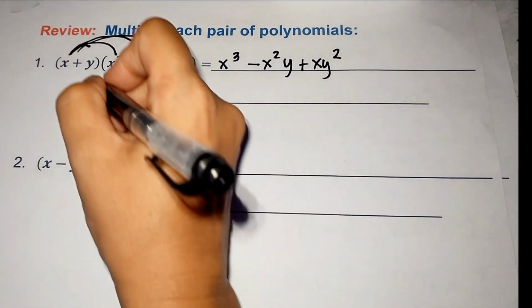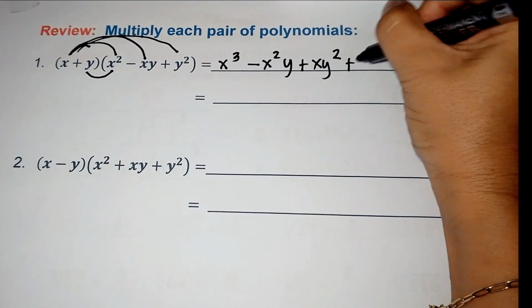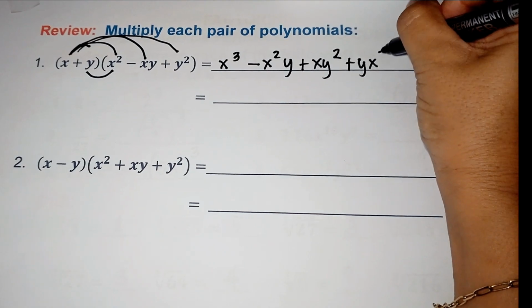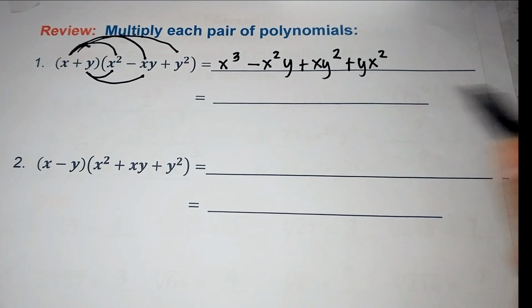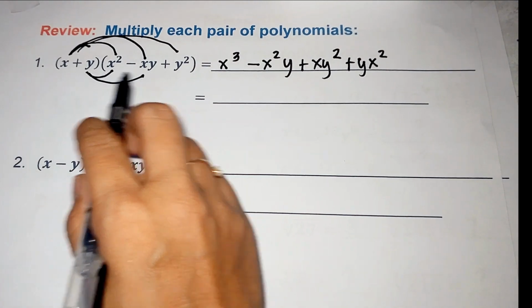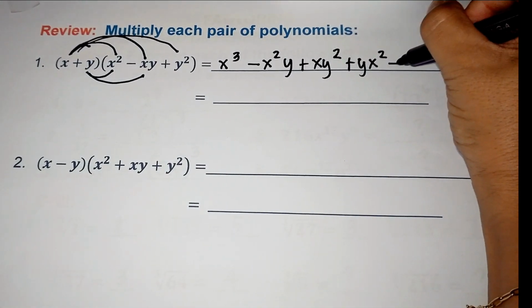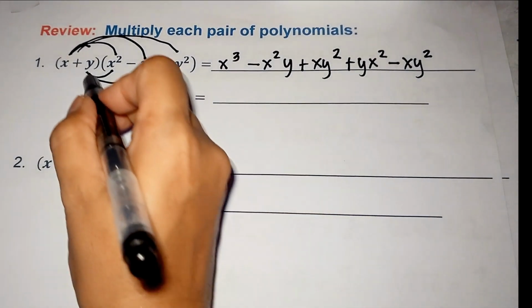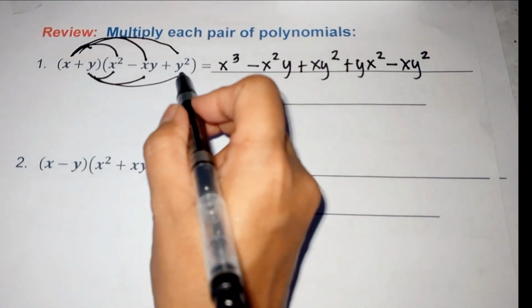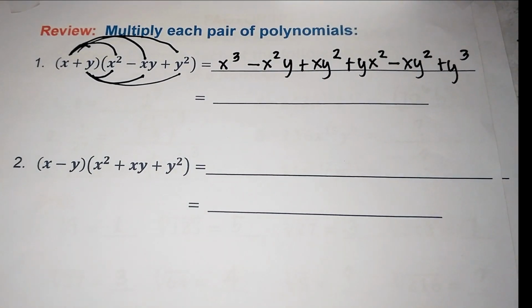Then let's continue with y. y times x squared is positive yx squared. Then y times negative xy: we will have y and y, that will be y squared, negative xy squared. Then for the last term, y times y squared is positive y cubed.